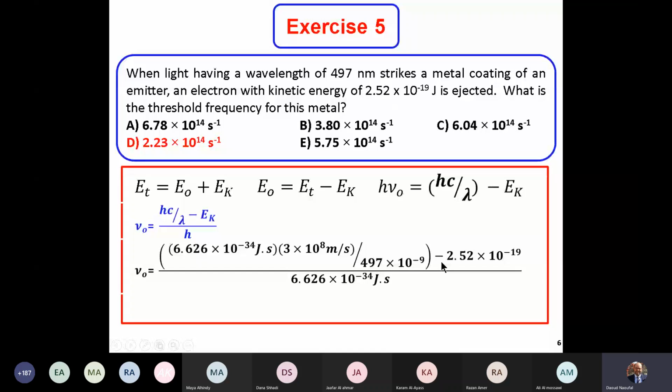So the nu0 obtained should be in second^-1, or hertz, which equals 2.23 × 10^14. So the correct answer is D.